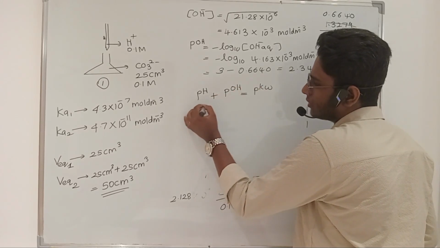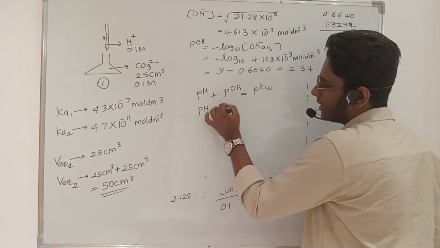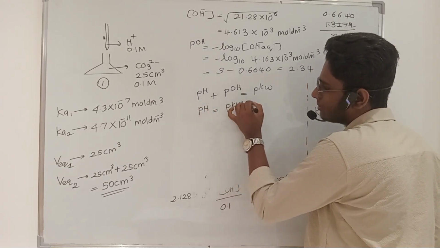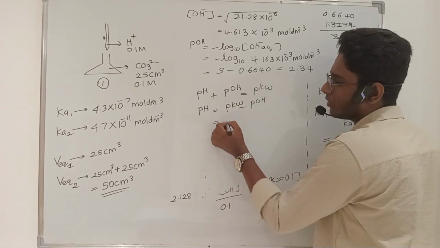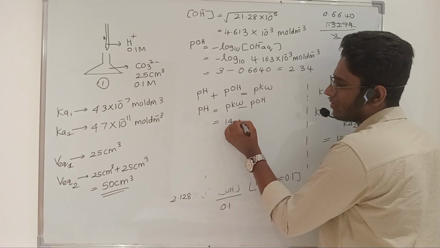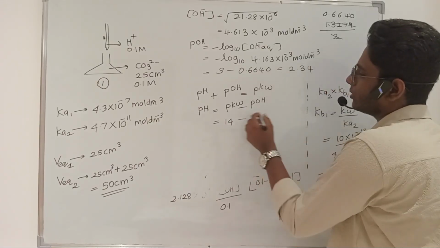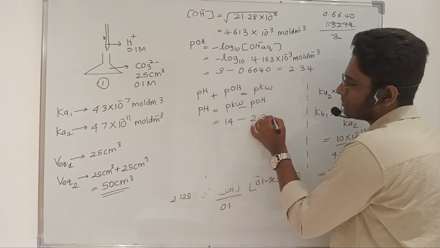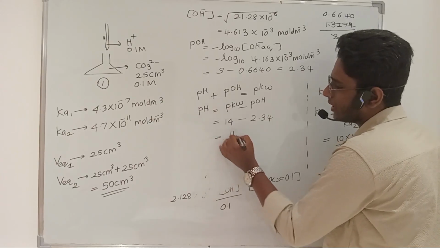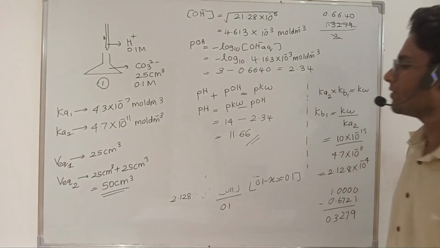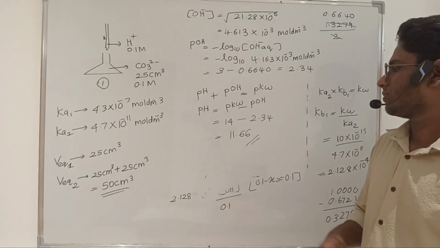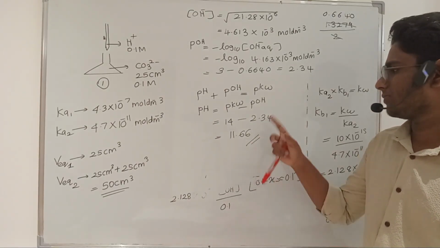So pH is equal to pKw minus pOH. pKw, everyone knows it is 14 at 25 degrees Celsius. pOH is 2.34. So what is the pH? 11.66. The pH is 11.66, right?